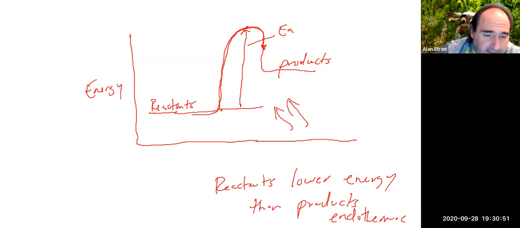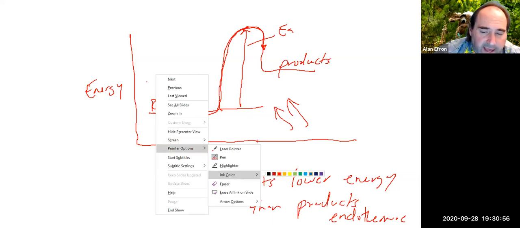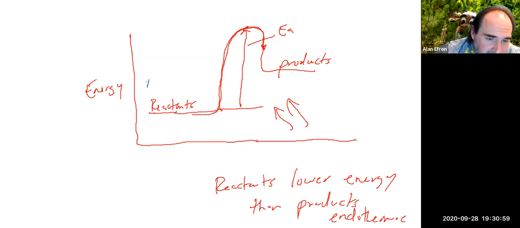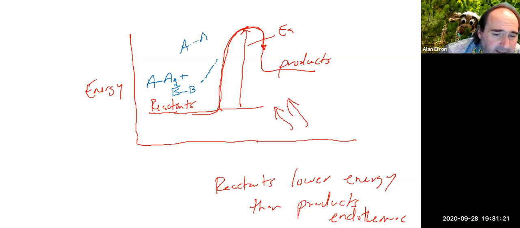So for example, say you started with A and B over here. We'll say they were AA and BB, the two reactants. When this reaction takes place, they collide with each other, and as they work their way up this hill, the bond between A and A is breaking, and A is forming a new bond with B. This other A is coming over here and forming a new bond.